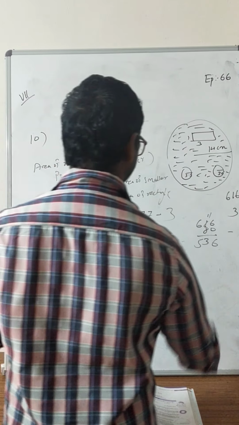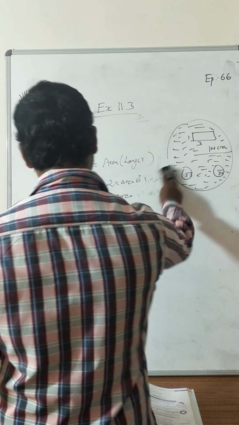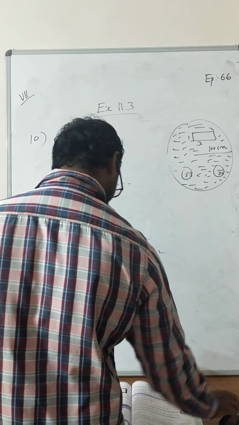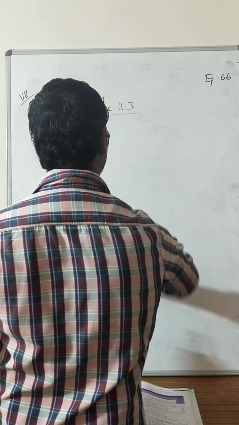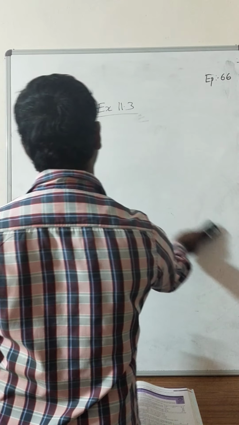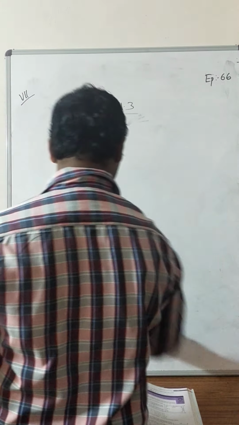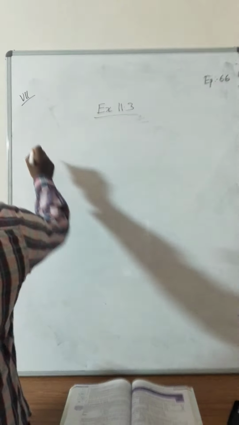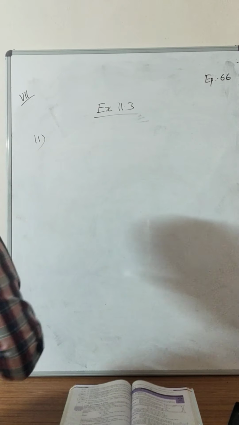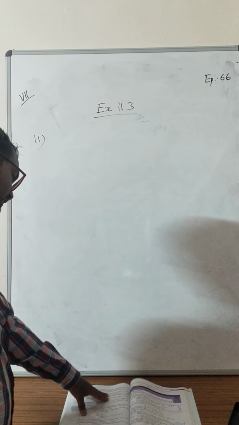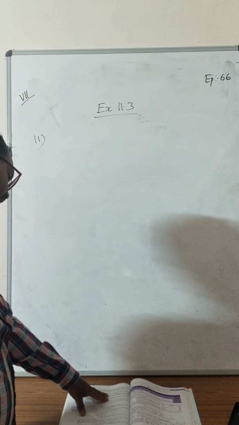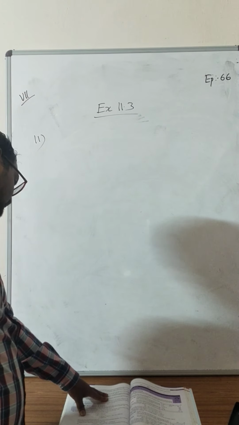I hope students you understood this one. Now let's move on to the 11th one. In the 11th one, we are talking about a circle of radius 2 cm cut out from a square piece of aluminium sheet of side 6 cm.